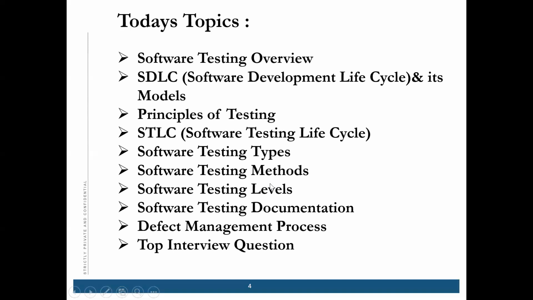What are the different methods in software testing? Software testing levels, software testing documentation, like test plan and test scenarios. And we will learn about test cases, how to write test cases. Then defect management process, and then interview questions. So these are the topics which we are going to cover today.